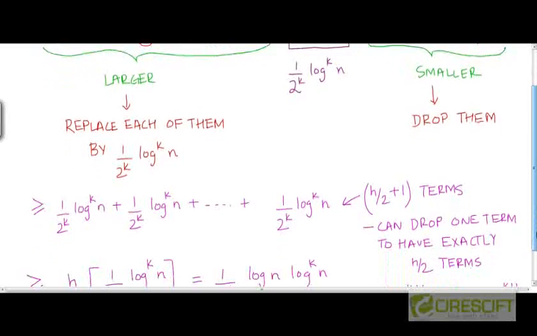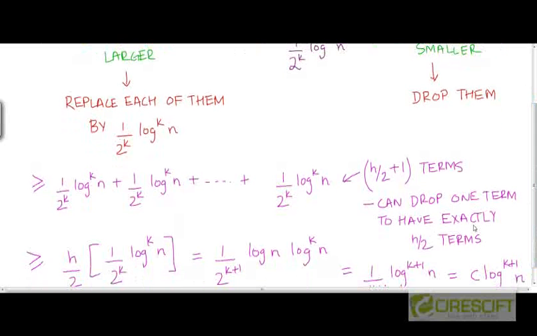To simplify our calculation, let's drop one of these terms so that we get exactly h by 2 terms. So if we drop one of these terms, we will have exactly h by 2 terms, and we'll get something even less than this series.